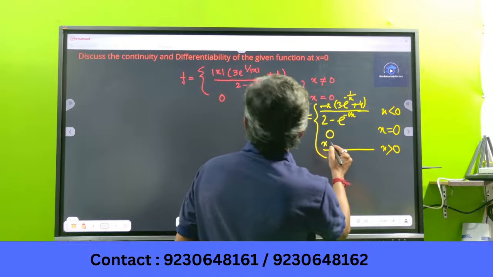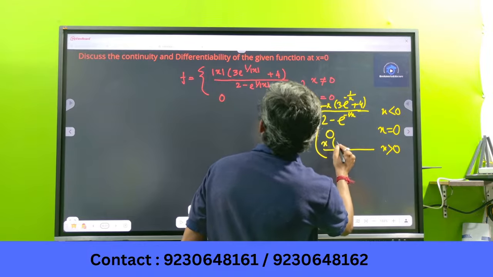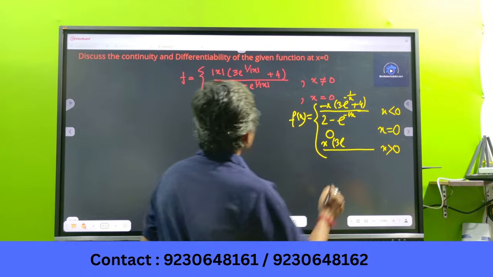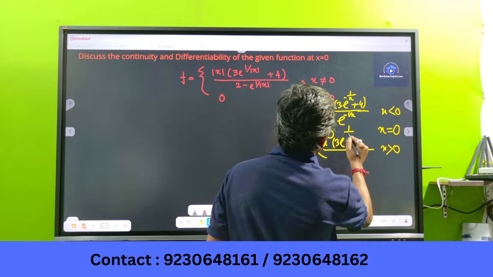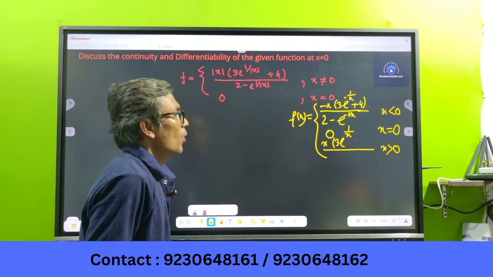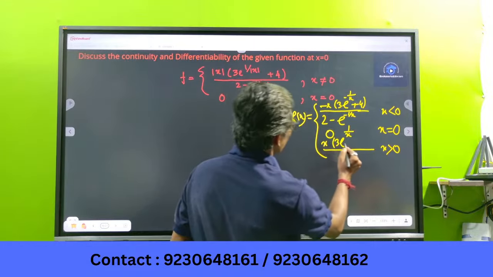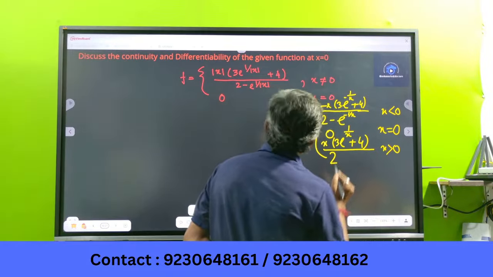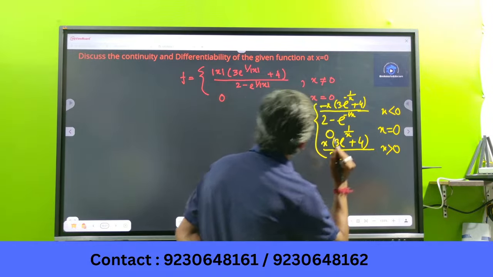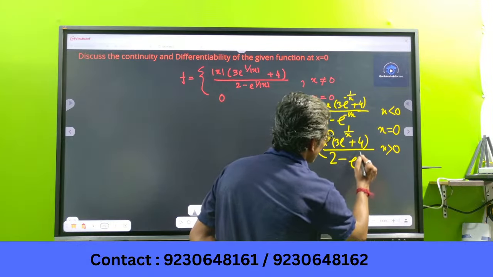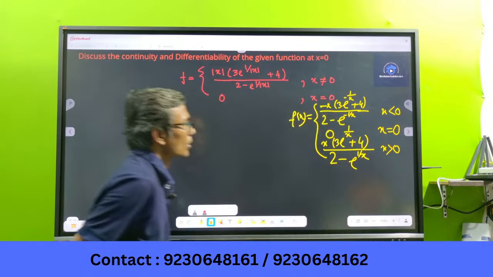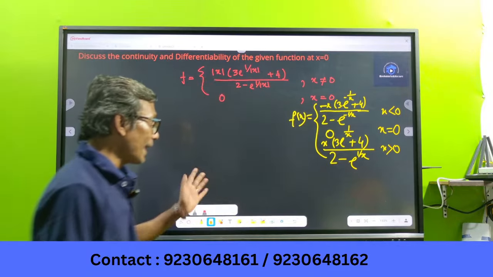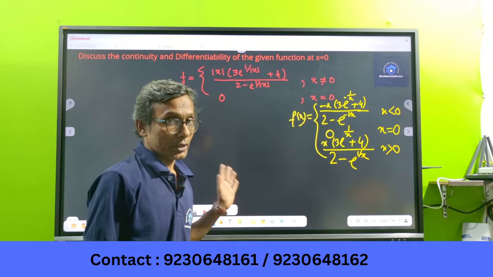So x into 3 into e to the power 1 by x, 4 by 2 minus e to the power 1 by x. So we arrange the function in this way first of all, then we will solve the question.